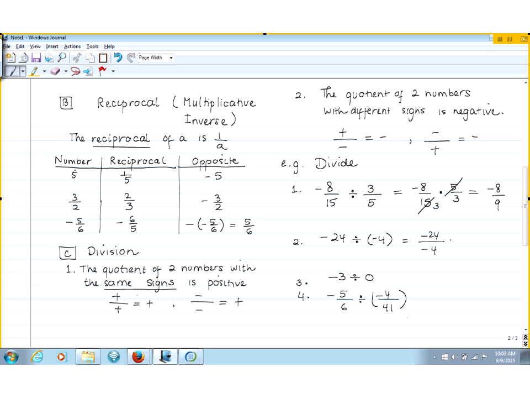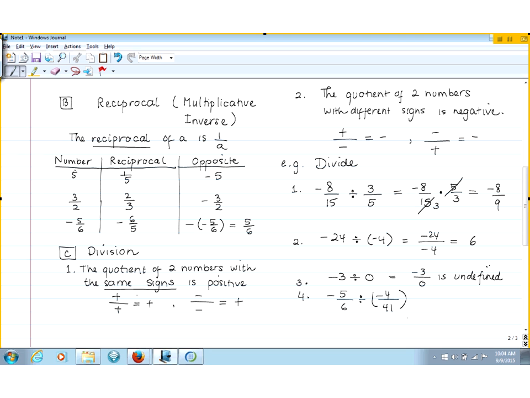So this is negative 24 divided by negative 4. What is negative 24 divided by negative 4? 6. Positive, negative? Which one? Positive. Good. Negative 3 divided by 0. No, it's undefined.